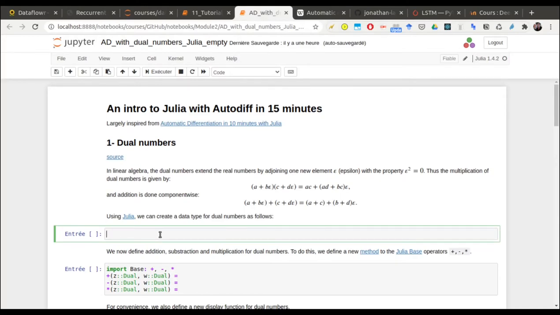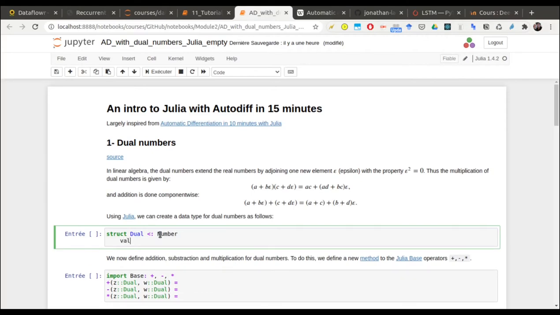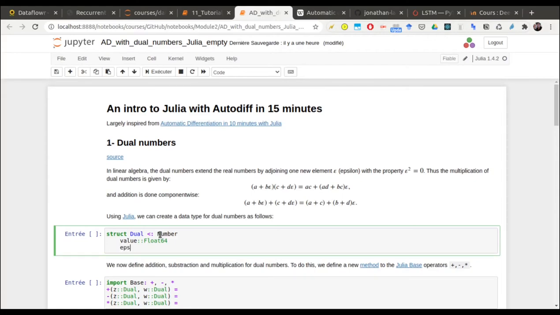So I will define a new type which will correspond to this dual number. In order to do that, I'm defining Dual, which is a subtype of Number, and there are two quantities: the value, which is a float, and the epsilon, which is also a float.